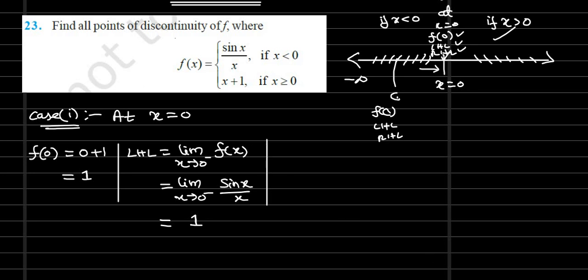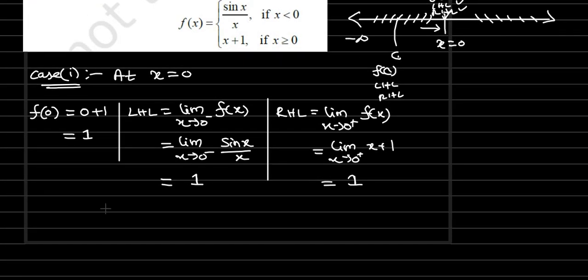Now the right hand limit we have to find out: limit as x approaches 0 from the right side. The right side close values are greater than 0. If it is greater than 0, the suitable function from the given is x plus 1, so replace f of x with x plus 1. Applying the limit, in place of x if you replace 0, it's 1.